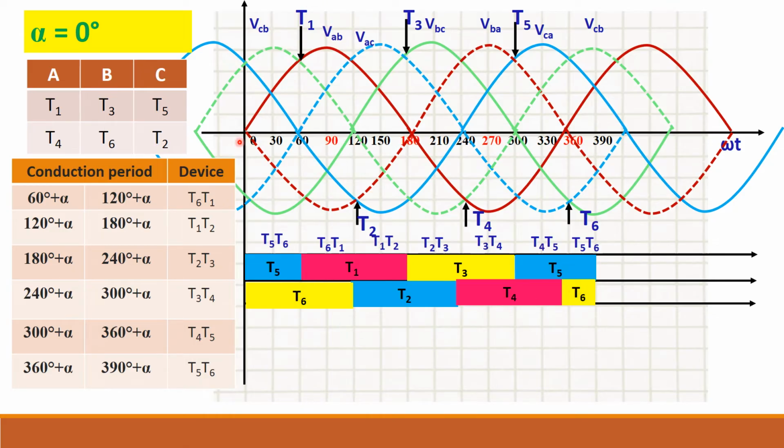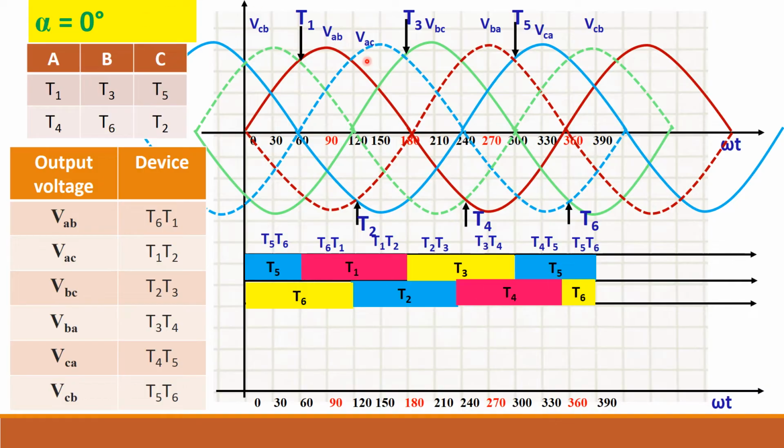Now you will get this sequence. You see here, T1 and T6 marked here. So it is the first combination. Next will be T1 and T2, next T2, T3. Like that, the same pattern you can follow. If you mark it correctly, it will come correctly.